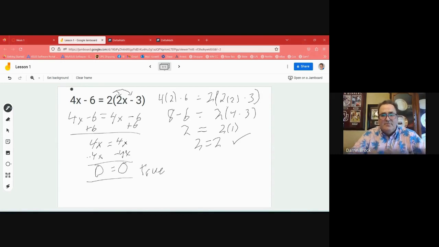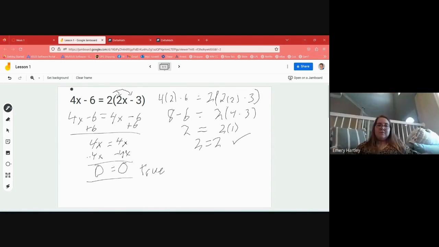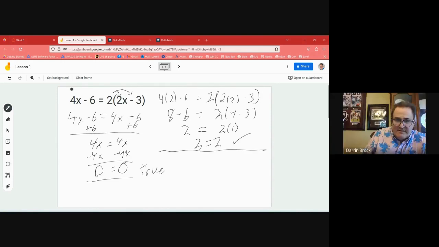Emery, give us another number for x. 10. Okay, let's go a big number then. 4 times 10 minus 6 equals 2 times (2 times 10 minus 3). Okay, 4 times 10 is 40 minus 6. 2 times, what's in parentheses? 2 times 10 is 20 minus 3.